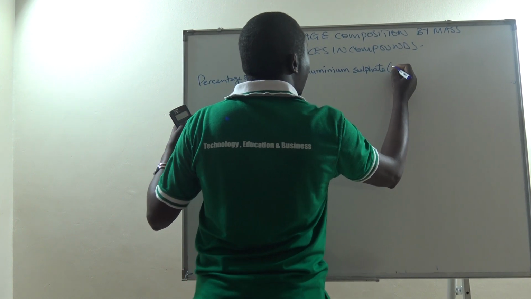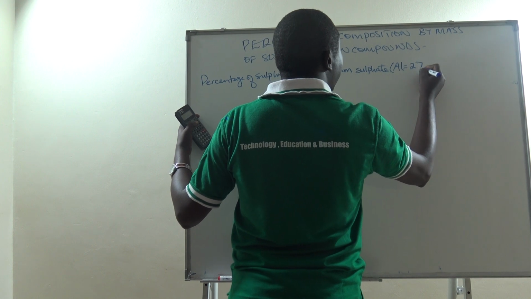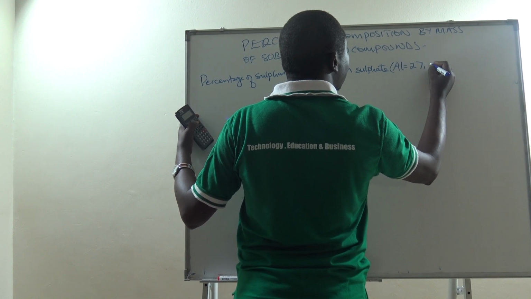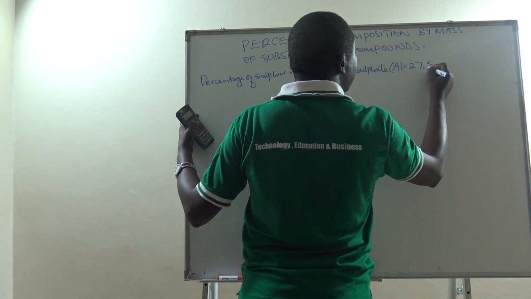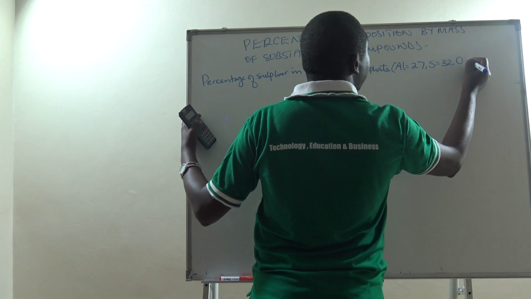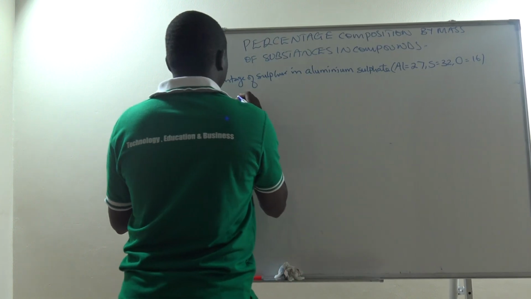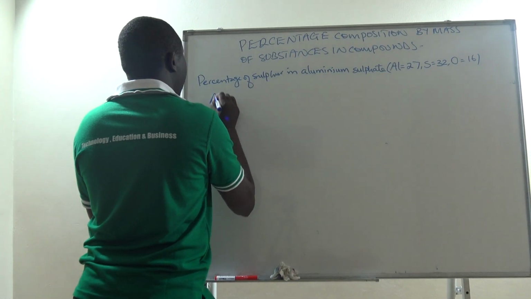Given that aluminium has a relative atomic mass of 27, sulfur with a relative atomic mass of 32, and oxygen with a relative atomic mass of 16. Let's get this, starting with the formula of aluminium sulfate.